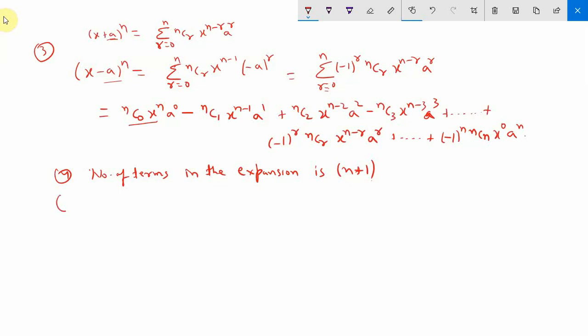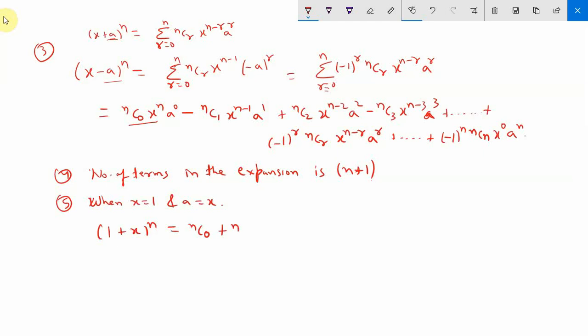Next property we can see in this x plus a to the power n: when x equal to 1 and a equal to x, we will get 1 plus x to the power n equal to nC0, as x equal to 1, so it will be 1, a to the power 0, so a equal to x, so x to the power 0 equal to 1.